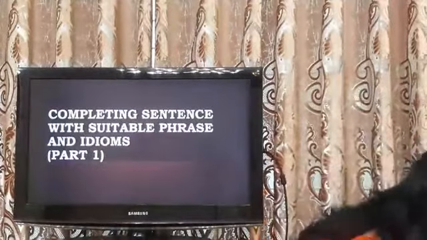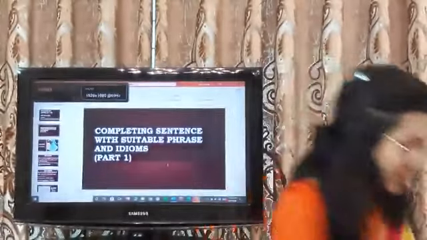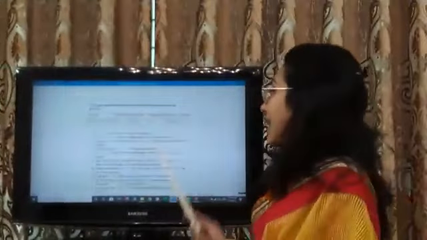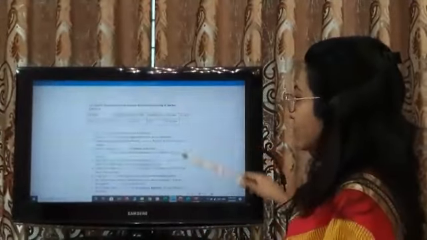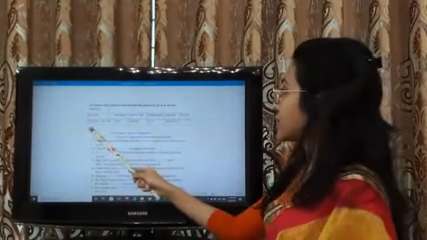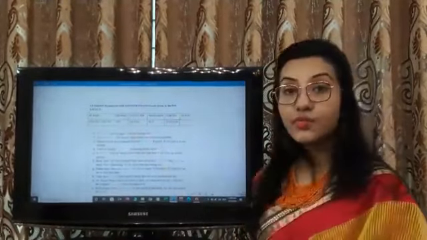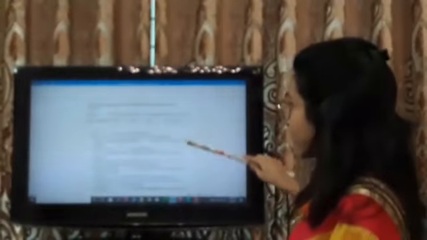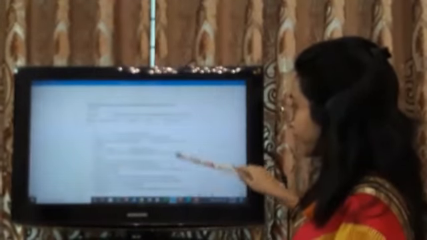Before we move on to our class, I'm going to show you how the question pattern is going to look like in this case. As you can see in here, there will be some boxes. And in those boxes, you're going to have those clues. And there's going to be 10 questions like this.